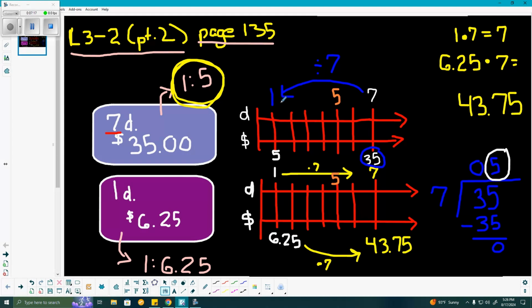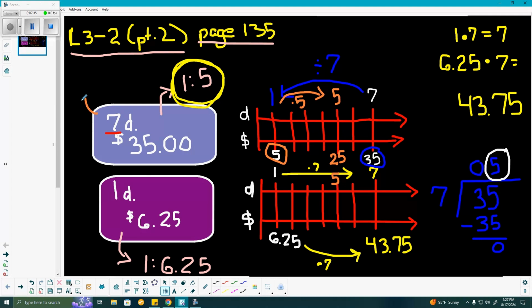I know I'm going to be moving forward. 1 to 5 means 1 times 5 equals 5. So I must multiply my bottom number by 5. 5 times 5 is 25.